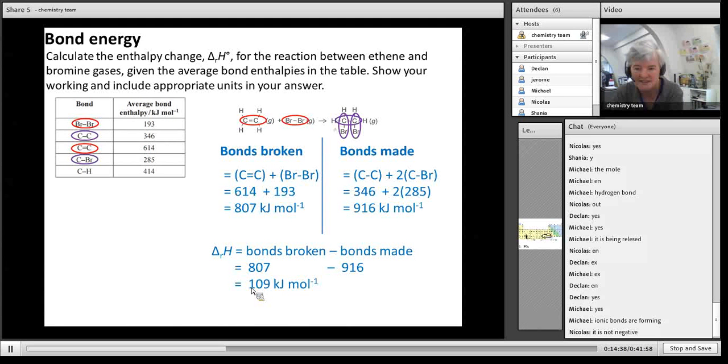So see, Nicholas and Michael, it is not negative. Now, I hope you can see, if I subtract 916 from 807, it should be negative. And the negative is also explaining that it is an exothermic reaction.